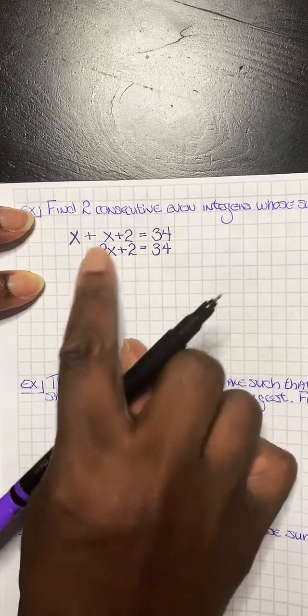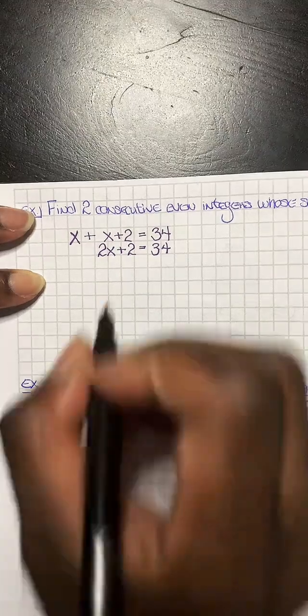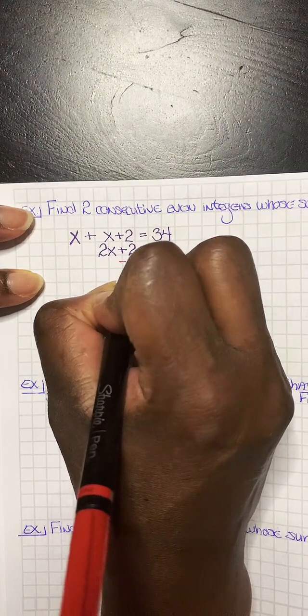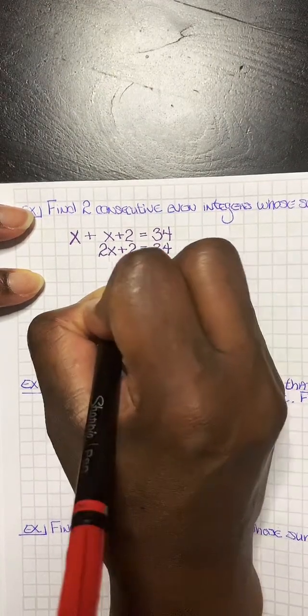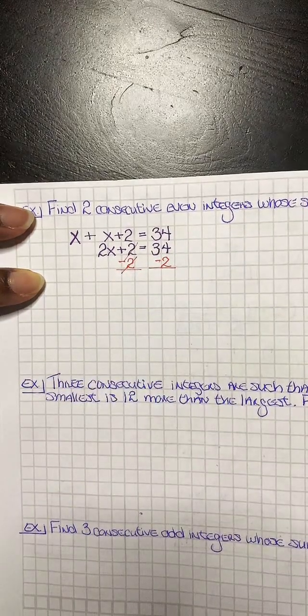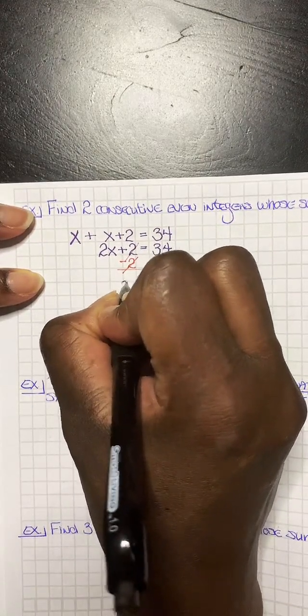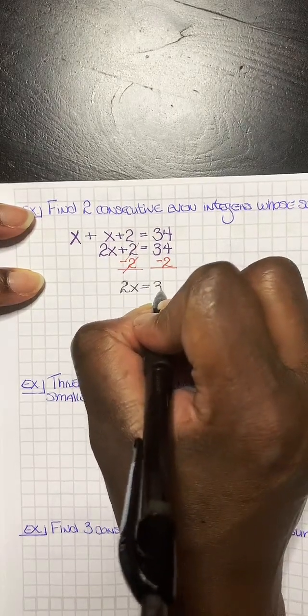Here comes plus 2 trying to jump into the mix. We're sick of it. Go ahead and leave us alone. We just want to have a nice quiet night. So we're going to subtract that 2 out from our lives. Go and be a nuisance to the 34. All right? So now we have our 2x is going to be equal to 32.